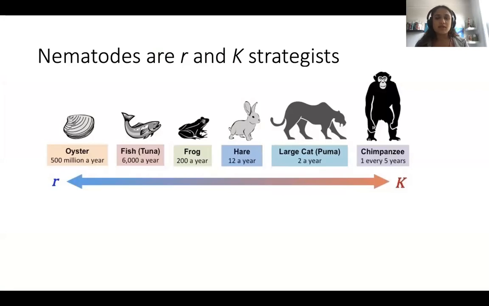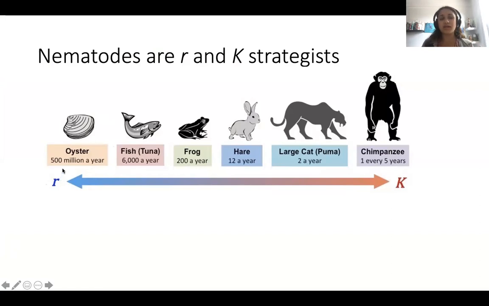So nematodes are extremely important because they are located in several parts of that soil food web, because there are strategists. Defining our strategists a little bit, these are organisms that reproduce a lot. For example, the oyster produces 500 million in a year.